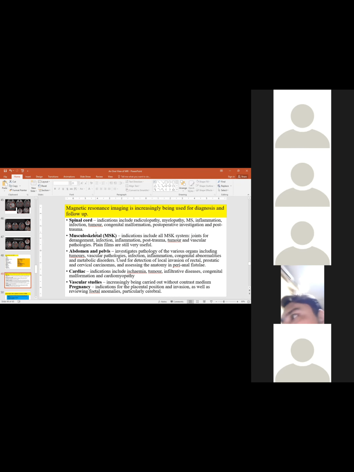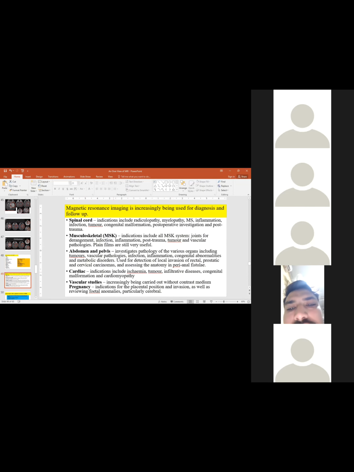Further down in the body, magnetic resonance imaging is increasingly being used for diagnosis and follow-up, and we can do it in the spinal cord. There are multiple indications in the musculoskeletal system, and in the abdomen and pelvis there are multiple problems.